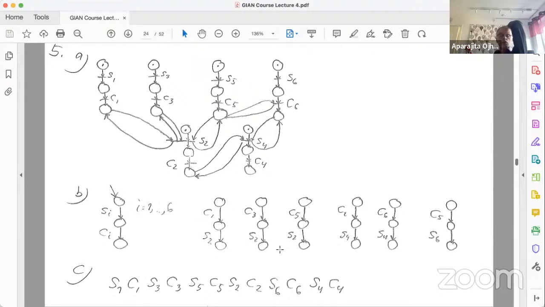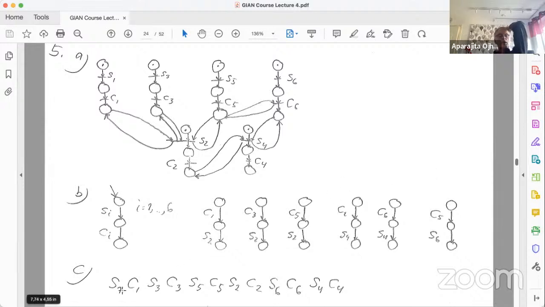And then S2, as a synchronized event, can be executed in all three of these automata. In the same way, S4 can be executed when both operation 2 and 6 have been executed, and operation 6 has a precondition that operation 5 must be completed.